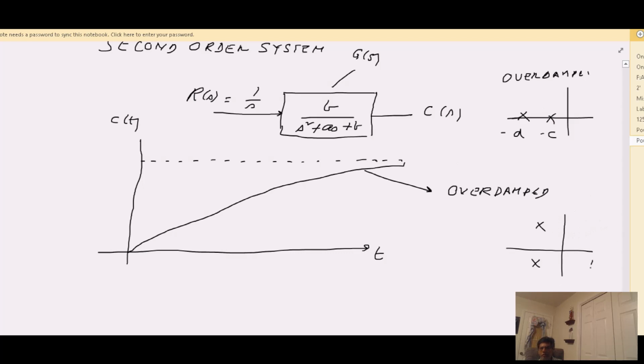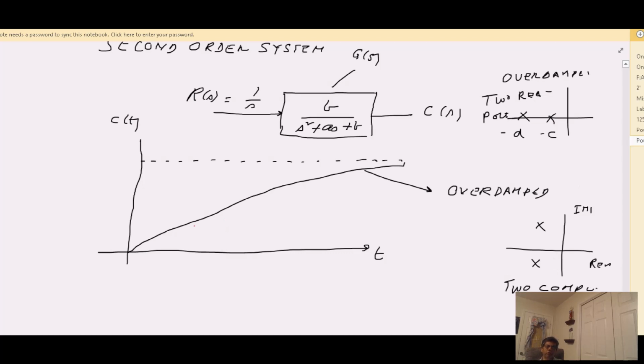This is the real part, and this is your imaginary. So you can eyeball it and see that it's got two complex poles. Here it had two real poles. Over here, it has two complex poles. When this happens, you have what we call an underdamped system.